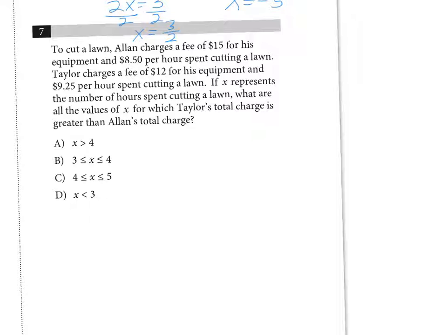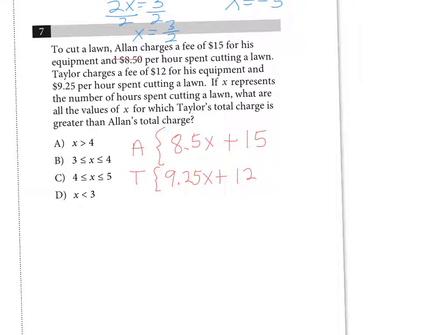Okay, what you need to do here is follow the instructions where it says Alan, so this is Alan's equation. He charges $15 plus $8.50 per hour. And then Taylor would be $12 plus $9.25 times the number of hours.